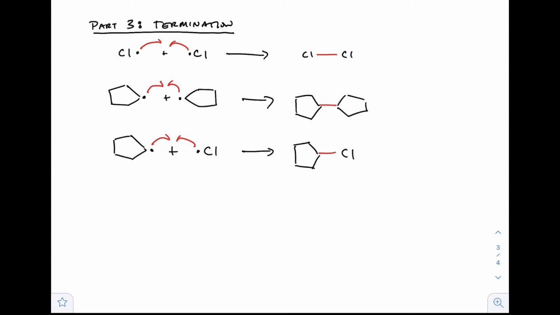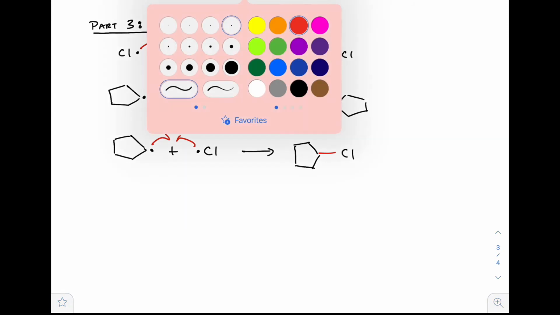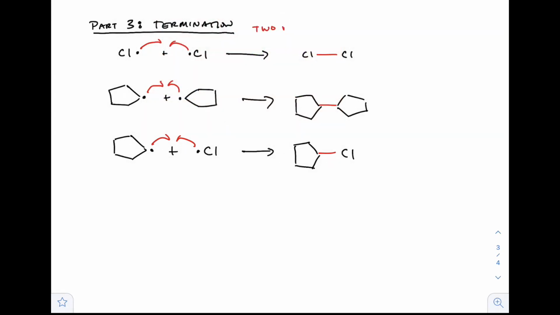And so that's why this is a termination step, because if this happens in mass amounts, because obviously there's not just one radical floating around, right? There's a certain population density of chlorine radicals or cyclopentane radicals present. Once two radicals combine to form a stable compound, the reaction is quenched.